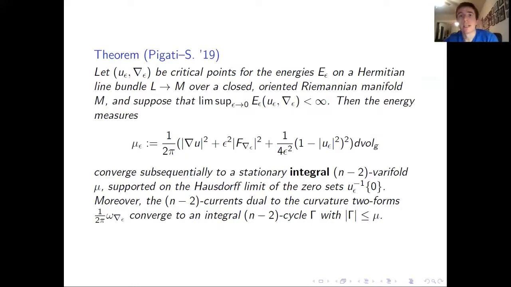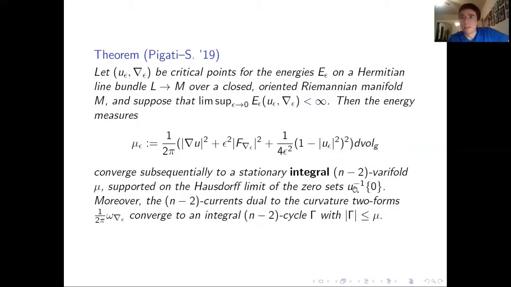Let (u epsilon, nabla epsilon) be a family of critical points for E epsilon on a Hermitian line bundle over a closed oriented Riemannian manifold, and suppose that they have uniform energy bounds as epsilon goes to 0. It's a natural assumption. Then the energy measures converge subsequentially to a stationary integral n-2 varifold. We have that integrality now, supported on the Hausdorff limit of the zero sets of these sections.